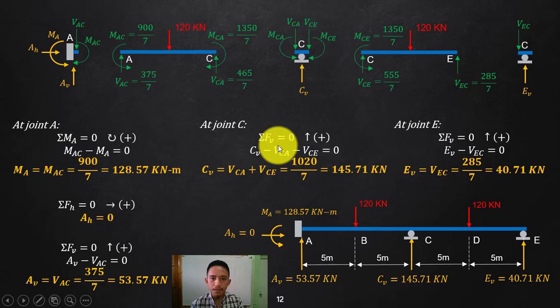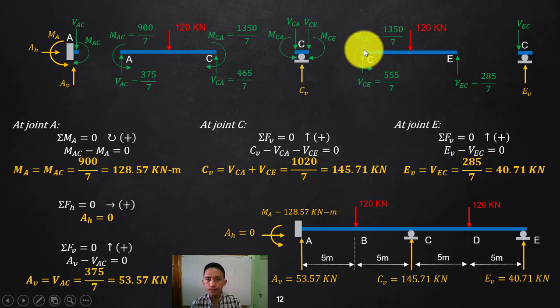So at joint C, summate vertical, since we only need there your vertical reaction CB. You will end up with CB going down, or negative. So CB is VCA plus VCE, which will end up positive 1020 over 7. So that is 145.71.